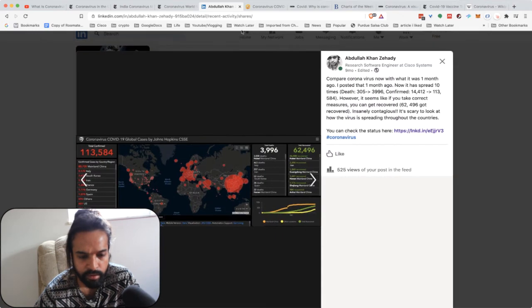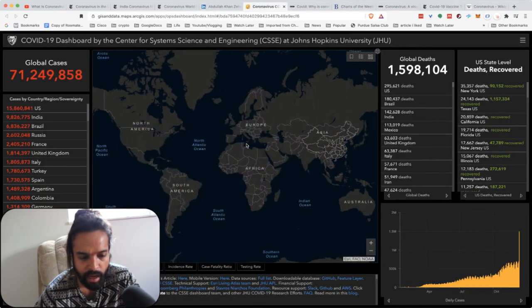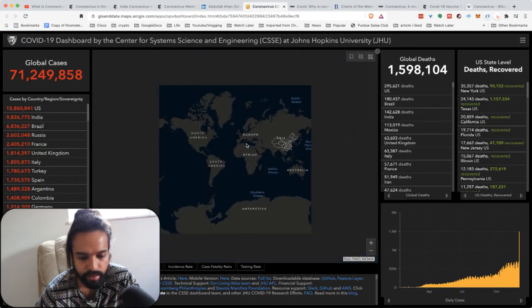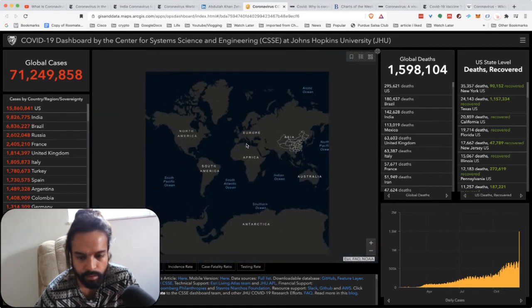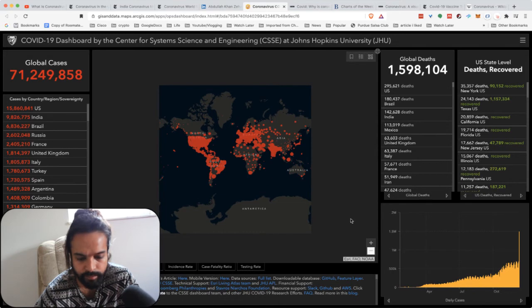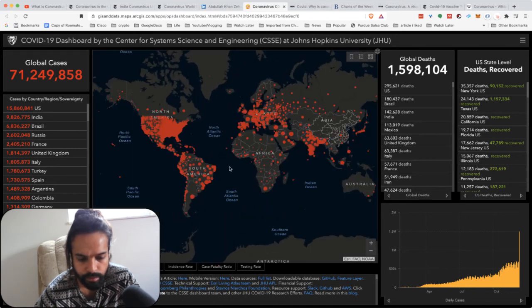And now this link, as you can see, this is how the map looks like. It pretty much covered the entire world, and that's why it's so scary, and we should be more aware. The United States is definitely affected more than anywhere else, and South America also.